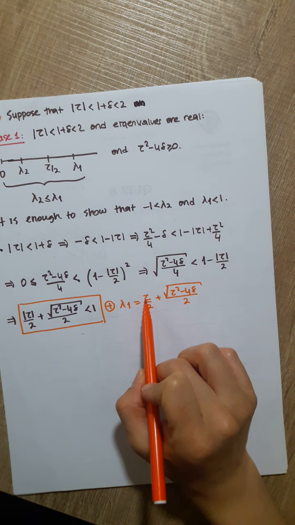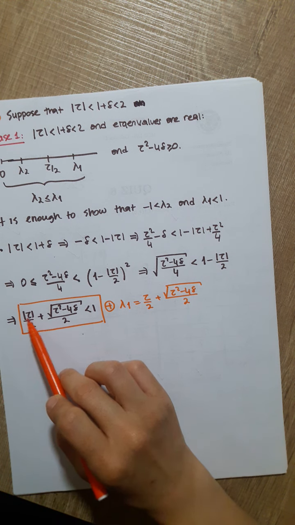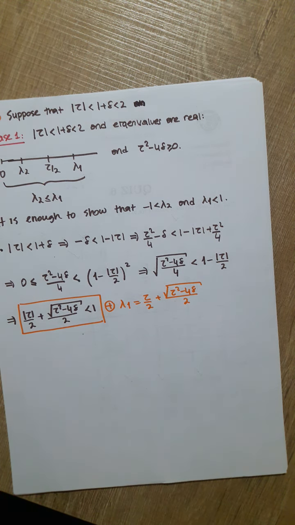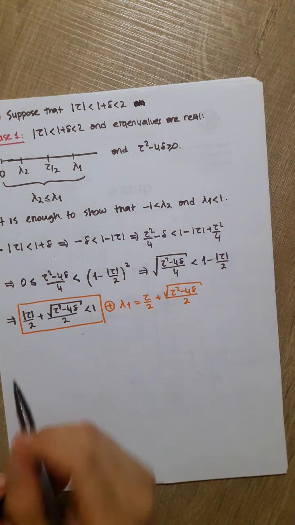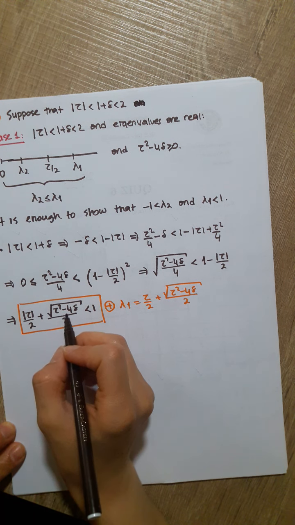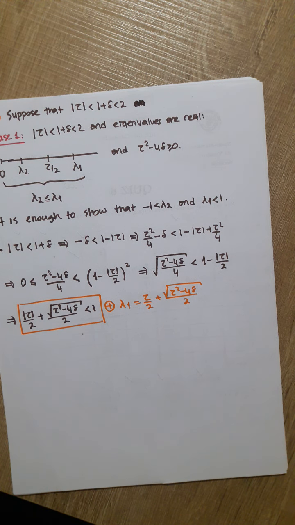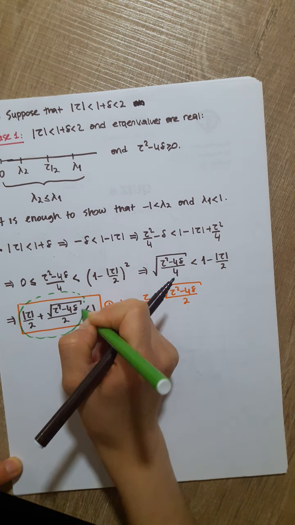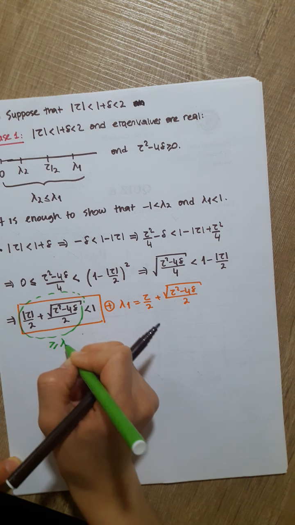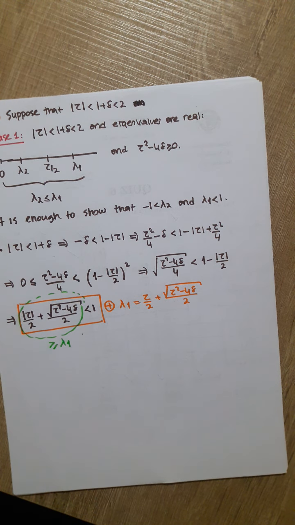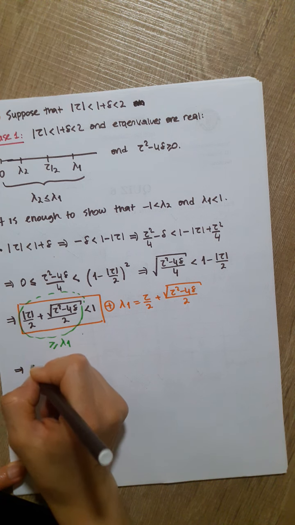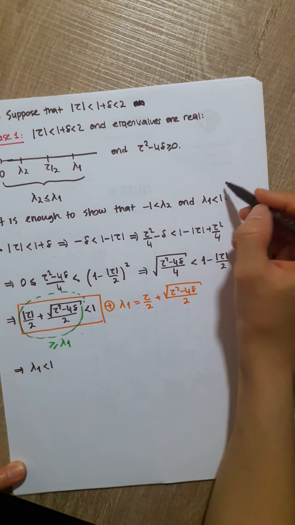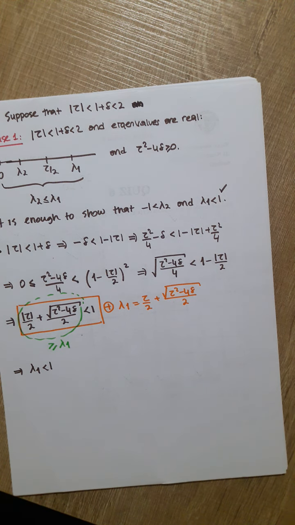If tau is negative, then this will be greater than that one. So since this sum is greater than or equal to lambda 1, we have as a result lambda 1 is less than 1. So this is done. Now it's time to show the other side.